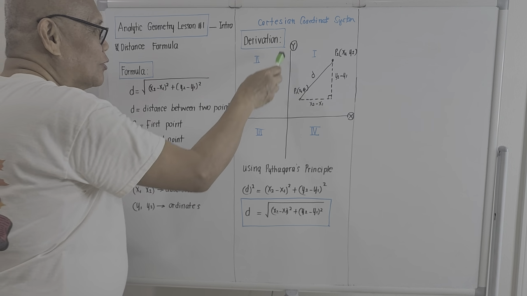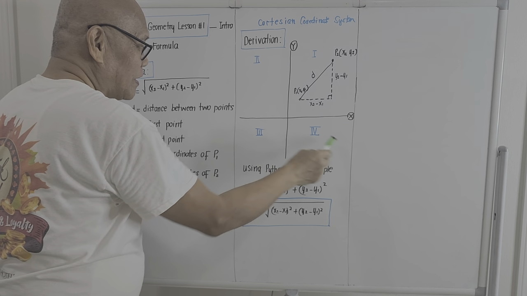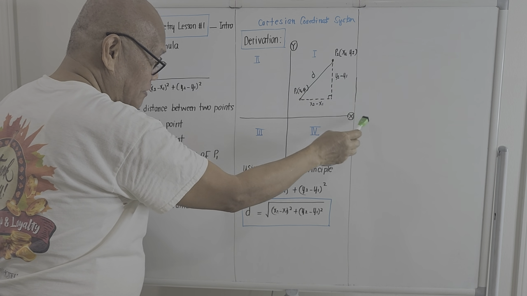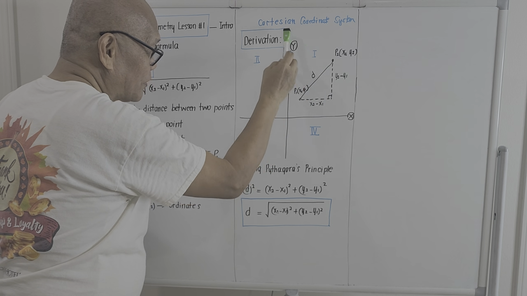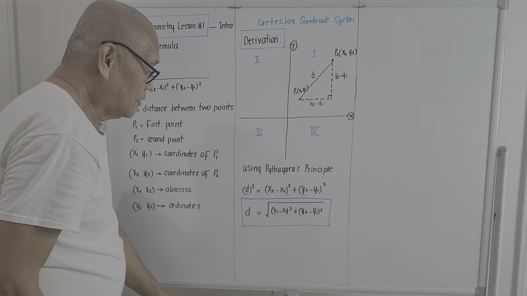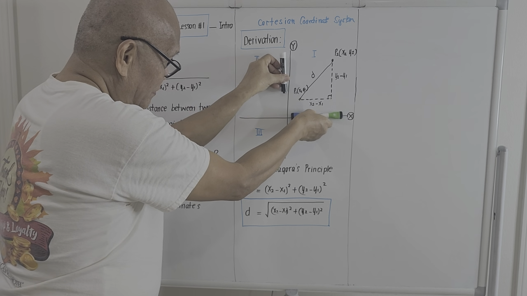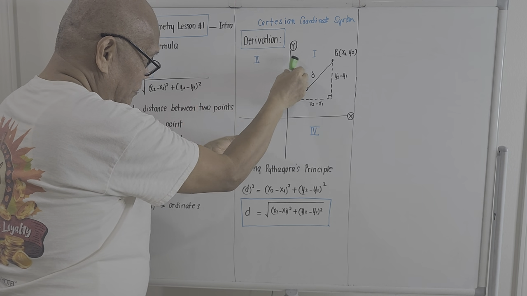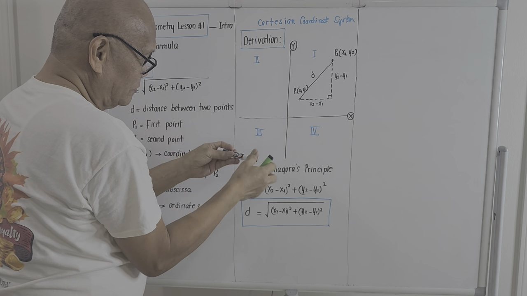So the combination of a vertical line and horizontal line, which is designated by the y-axis and x-axis, is referred to as the Cartesian coordinate system. On this portion here, this is quadrant number 1. This portion should be quadrant number 2.